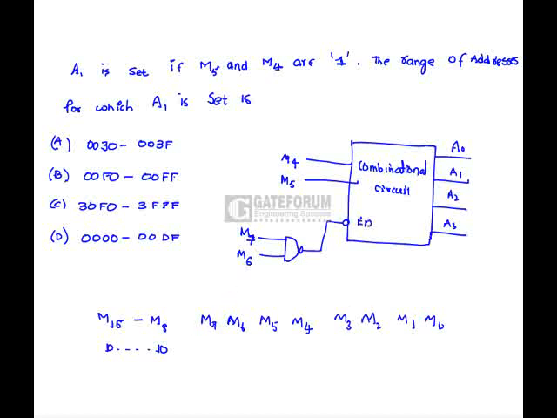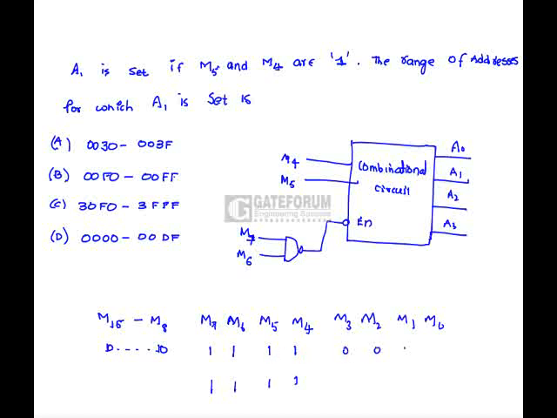See, for the combinational circuit to be enabled, M7 and M6 must be 1. So M4 and M5 must also be 1 in order to set the A1 line. So this combination should always be this way, then only the combinational circuit is going to work and the A1 line is going to be set.